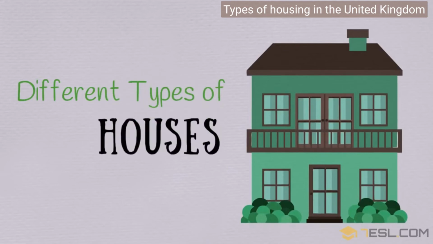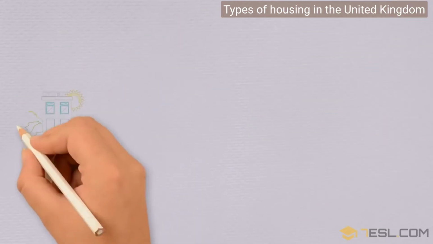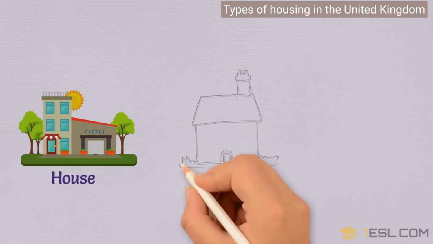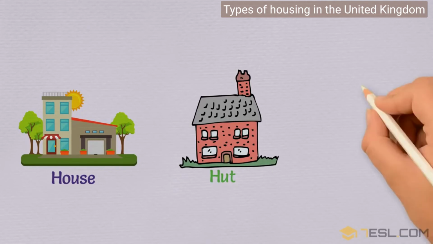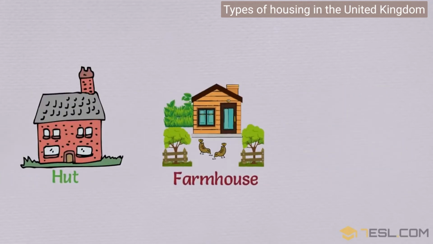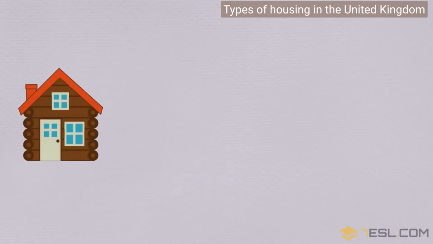Different types of houses. House. Hut. Farmhouse. Log cabin.